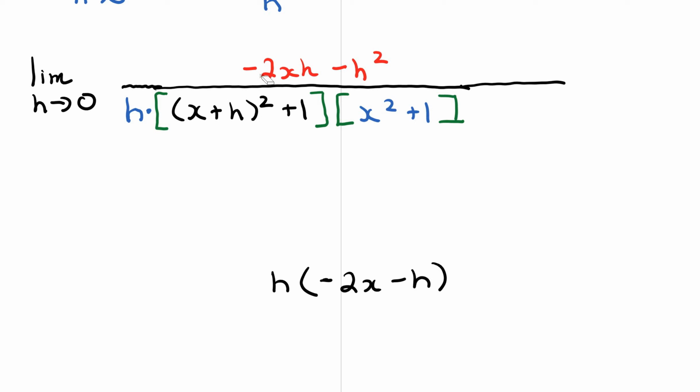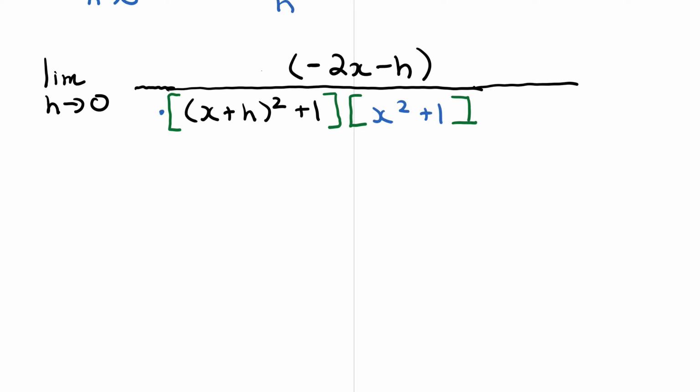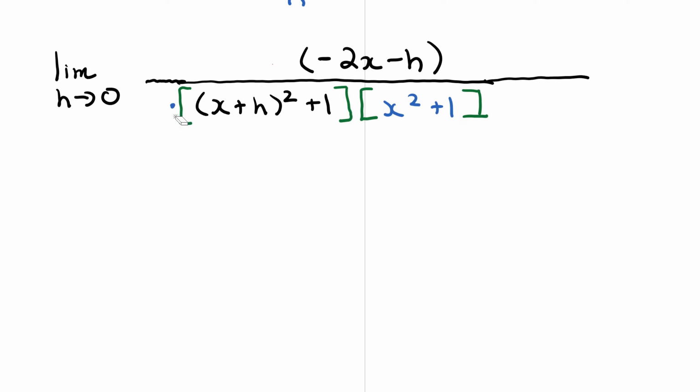Okay, so quite a bit of algebra here. Once I erase all that, now I have h times bracket negative 2x minus h. And now I see that this h and this h can finally cancel off, so I can erase this and erase that, and I think we're good now. So now what we can do is substitute h equals 0.